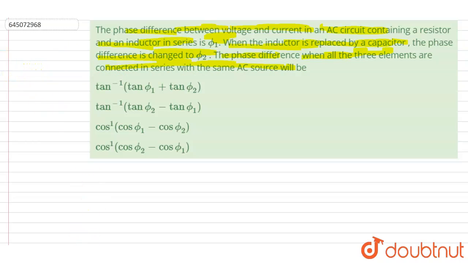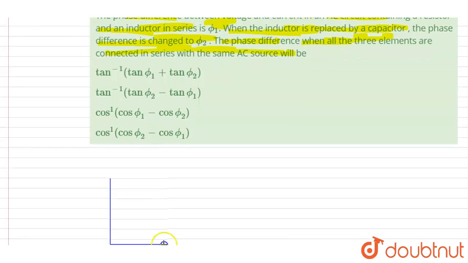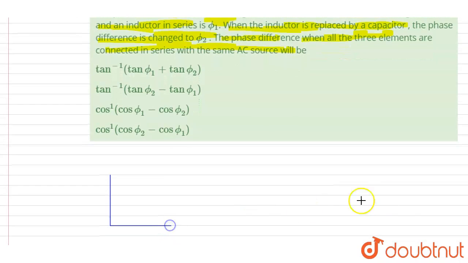So if you see, when the inductor and resistor are connected in series, let's say like this, and when the capacitor and the resistor are connected in series, like this.